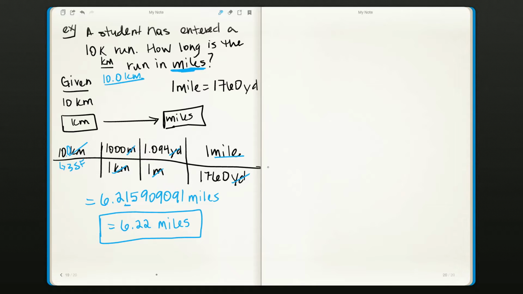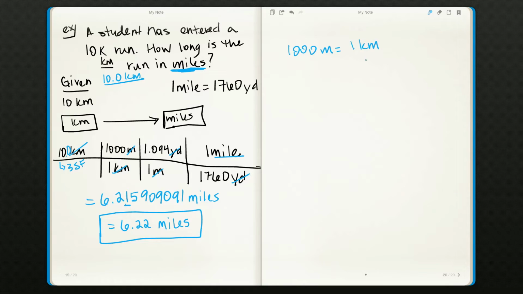Okay, so that's pretty much it for unit conversion. There's a lot of things that you can do with this. You can convert between metric units and between the metric and US system. So when you would use it for metric conversions, it would be something like what we did here, 1,000 meters equals 1 kilometer.